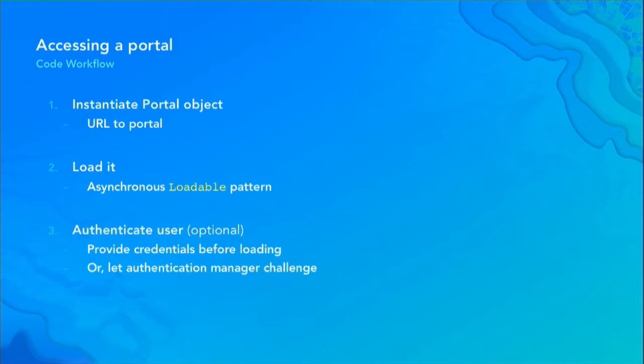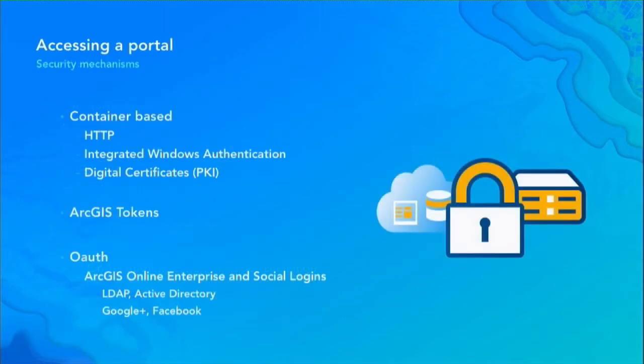Once you load it, if your portal is not set up for public access, you'll need to authenticate, provide some user details on how you want to connect to that portal. And there are a number of different authentication schemes that are available to administrators to set up their portal. We support things like container-based security using HTTP, or integrated Windows authentication, or even signing in using digital certificates that might be available on the client device.